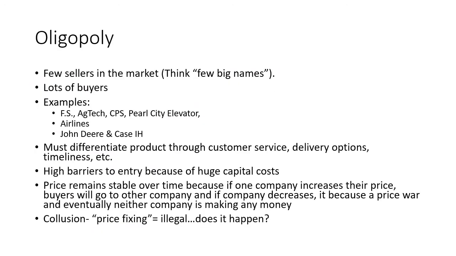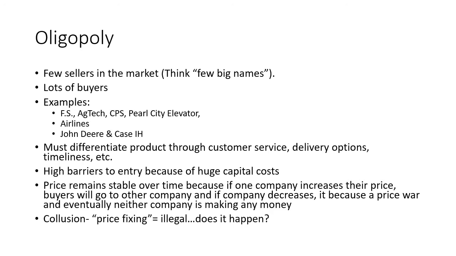Oligopoly is an example of imperfect competition because there are a few sellers in the market. So think of all of those companies out there that sell the same type of thing, but there's only a few big names out there, and there are lots of buyers.